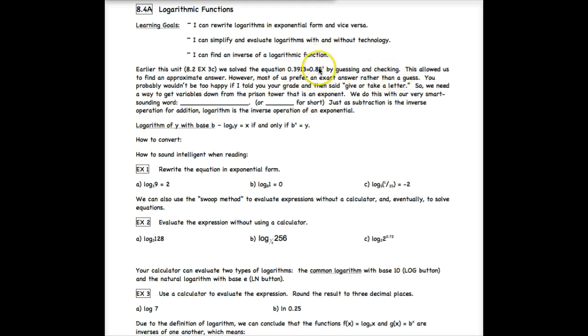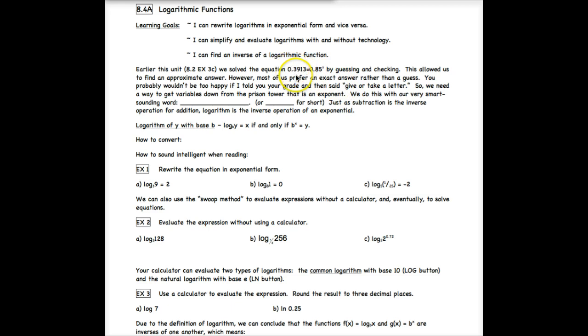We wanted to know how long it was going to take. And so because we had no way to get this t down when we're solving for it as a variable, we had to just guess and check and come up with the two numbers that surrounded the 0.3913, and that's the only way to do it algebraically.